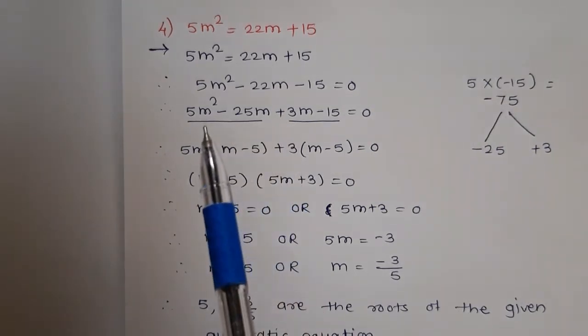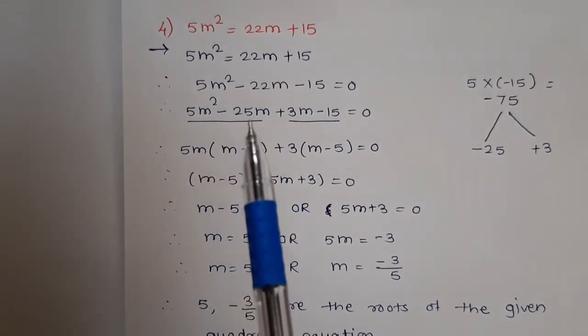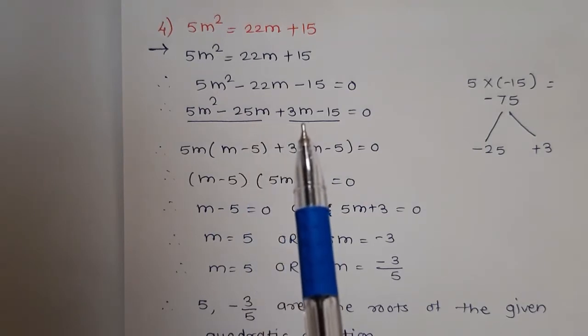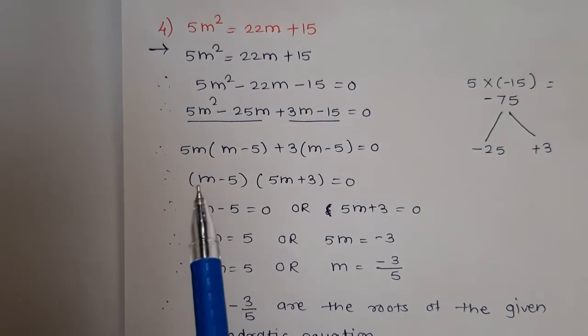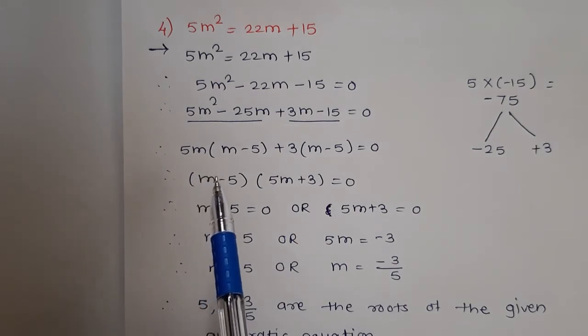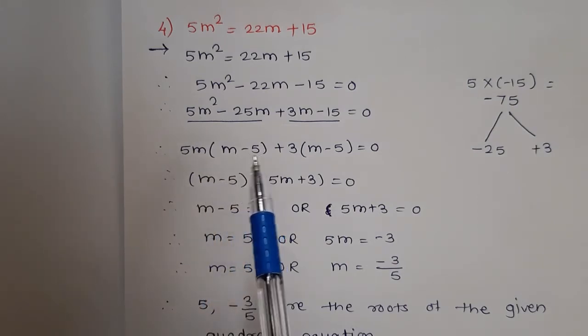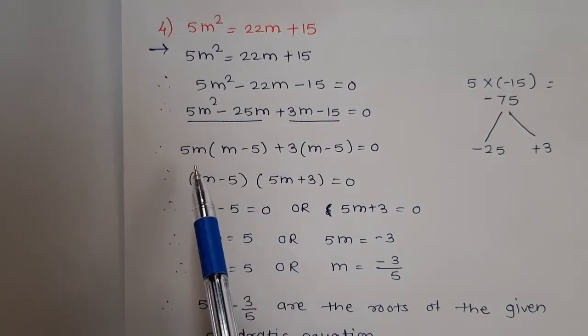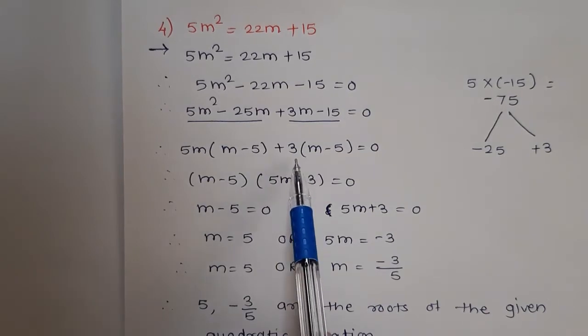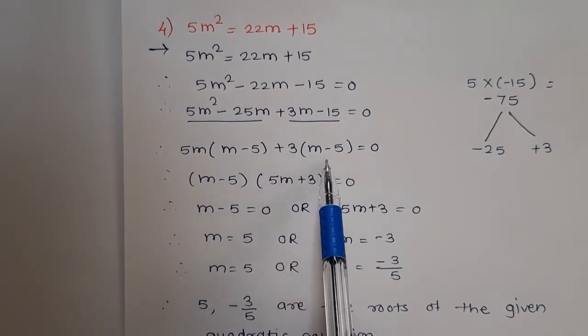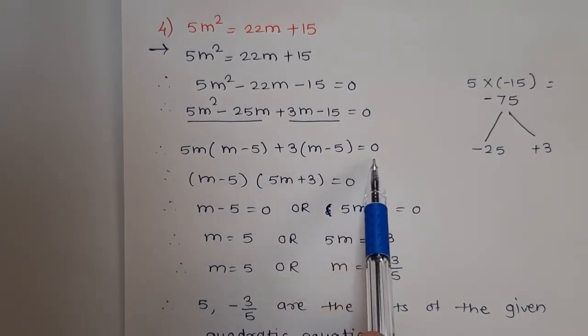So here we write 5m square minus 25m plus 3m minus 15 equals 0. Here we can take 5m as common. 5m is common, so m minus 5 is there, plus 3 as common. So again we get the term m minus 5 equals 0.